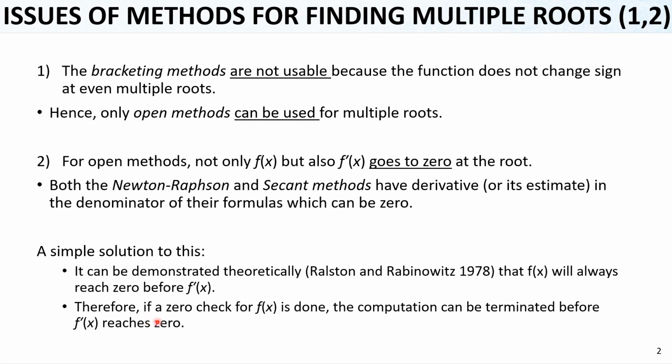Therefore, if a 0 check for f(x) is done, the computation can be terminated before the derivative reaches 0. That's why we can simply use this idea of just checking f(x). If it is 0, then we just terminate the computation, because soon enough the derivative will reach 0 as well. Once we have this modification, we may use the open methods without having this issue of a 0 denominator.